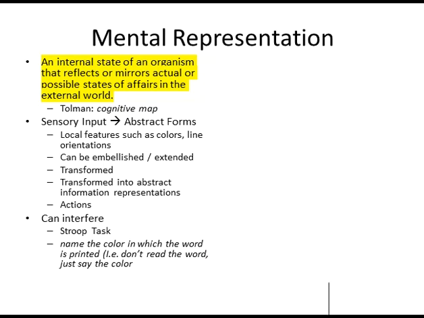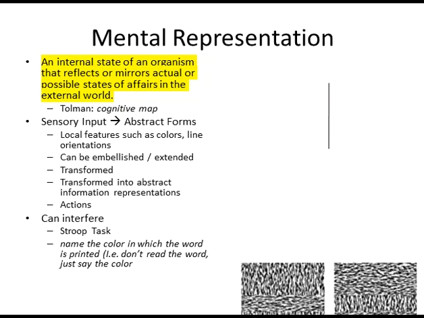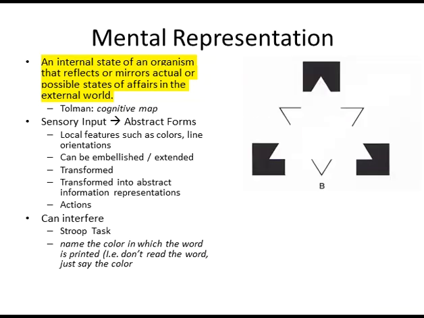Such things could fall into the form of abstract forms, local features such as colors or line orientations. They can be embellished, transformed into abstract information and representations.